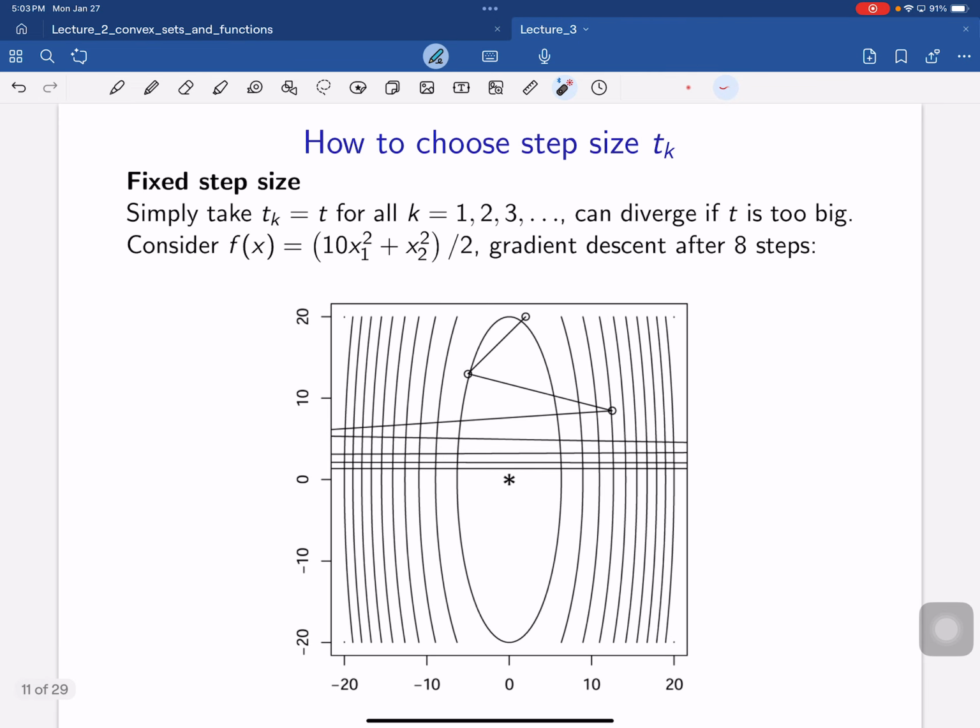Okay, so now let's talk a little bit about how to choose step size. As I said, if you choose a step size that is too long, you may overshoot. This is the case in this plot here. Let's assume we start from this particular point, and the step size t is too big. I'm plotting this particular function, a quadratic function.